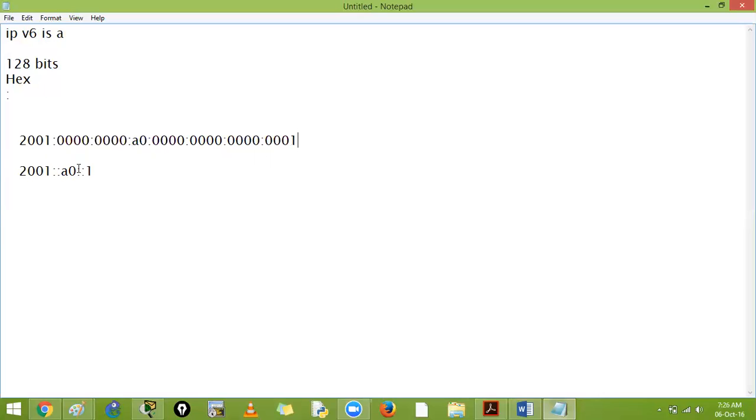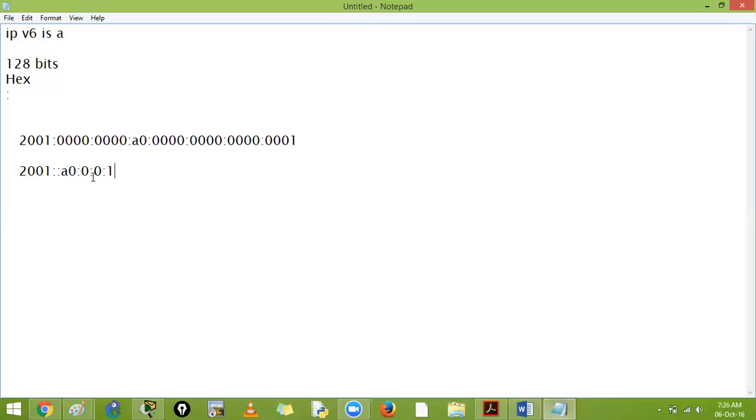This is actually confusing the device. Your device does not understand where the exact zeros are. So that is the reason they said, if you want a continuous set of zeros, you can do it only once. If you do it a second time, you have to write it like this only.